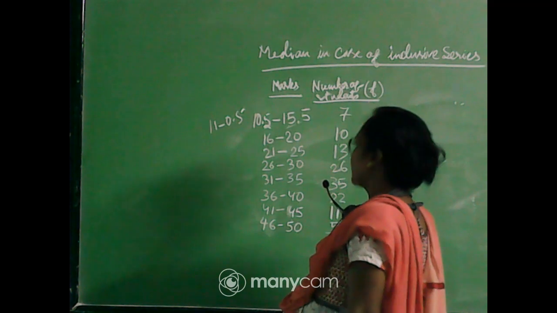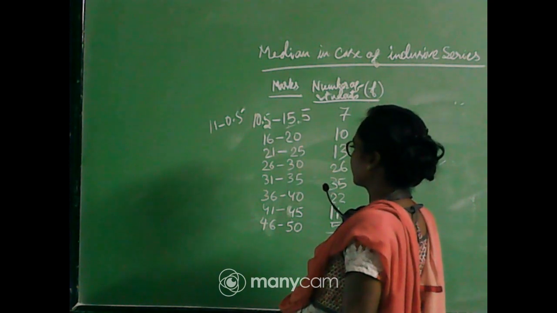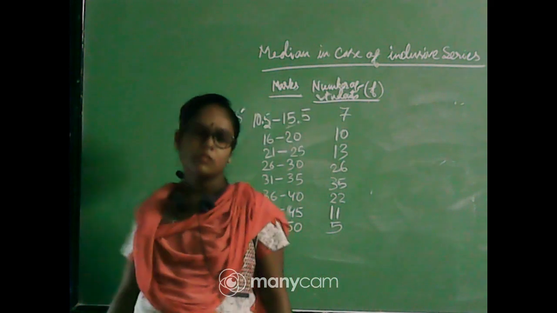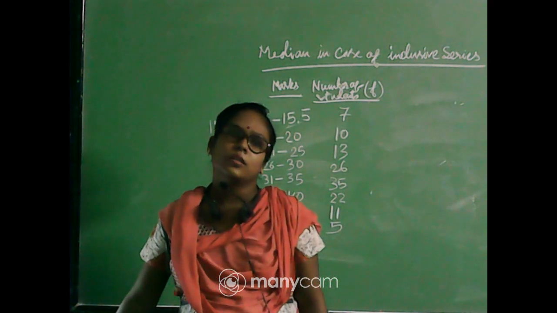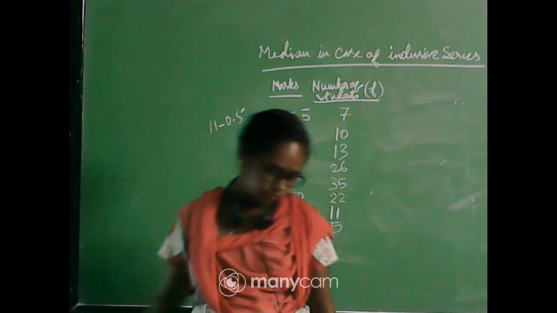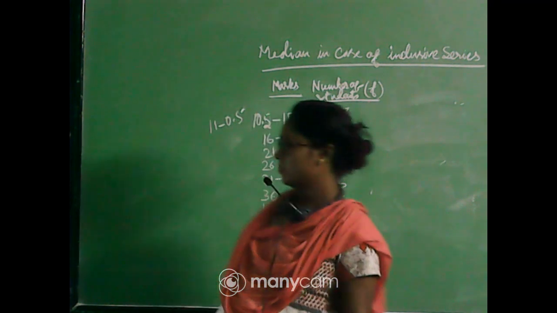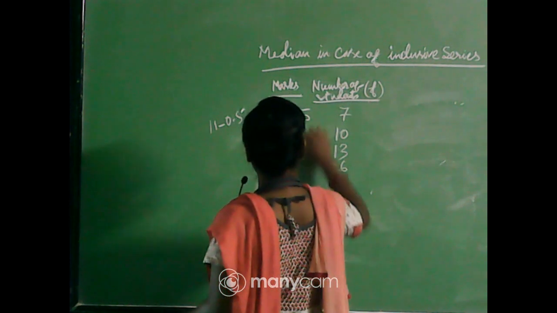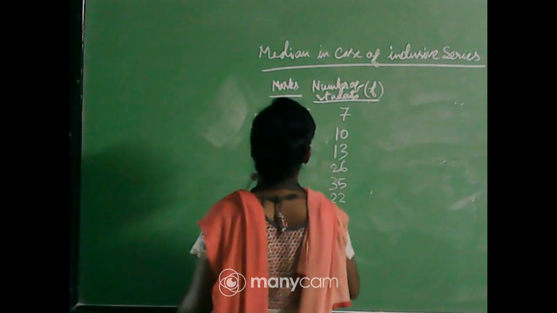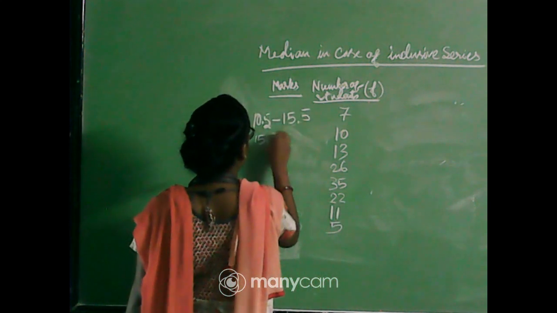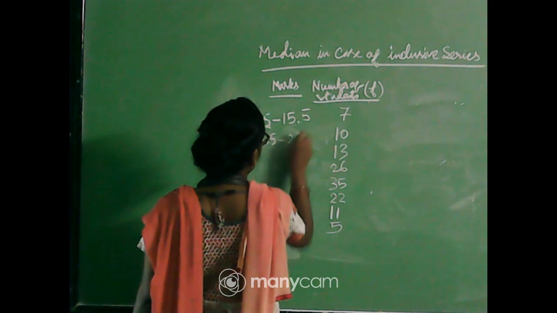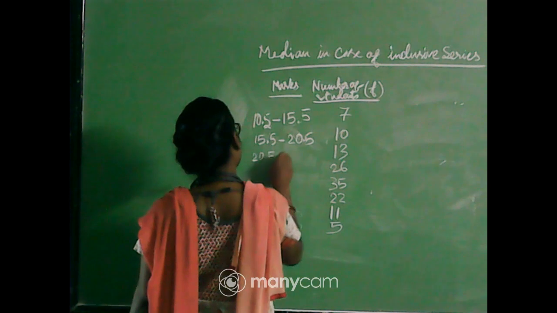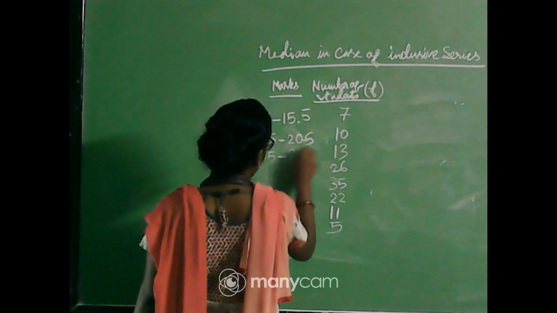Yes. Understood or not? Then write all this: 15.5 to 20.5, then 20.5 to 25.5.